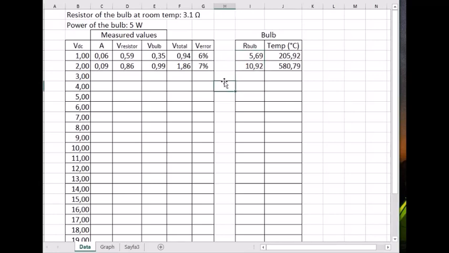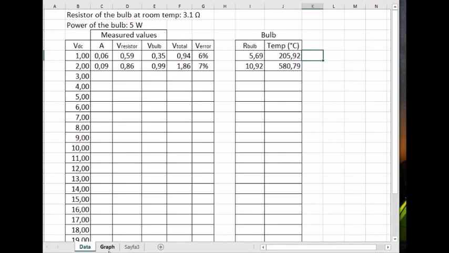Now, you know the resistance of the bulb, so using the general formula of the resistance related to the temperature, calculate the temperature of the bulb. After these calculations, we want you to obtain the maximum applicable voltage to the bulb before it breaks out.